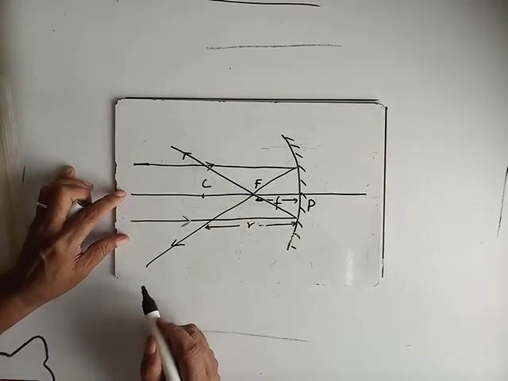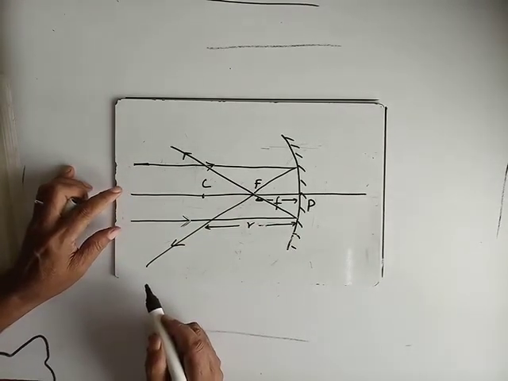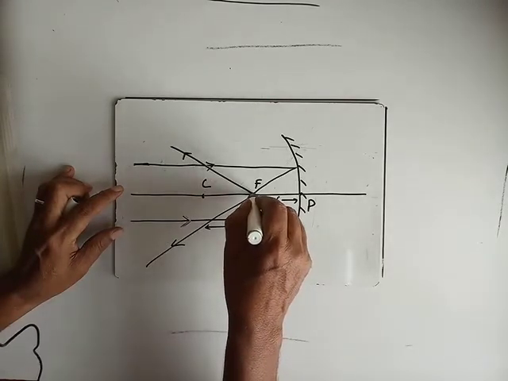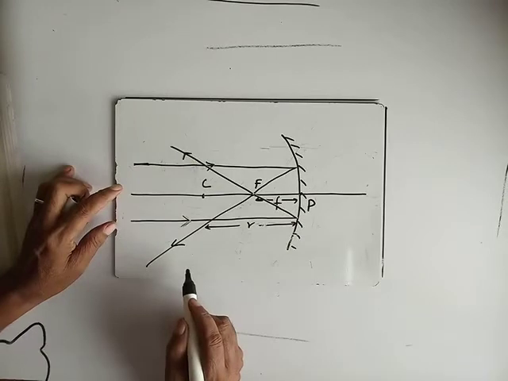So they converge at the focus, and this is the place where the image is formed when the object is at infinity.